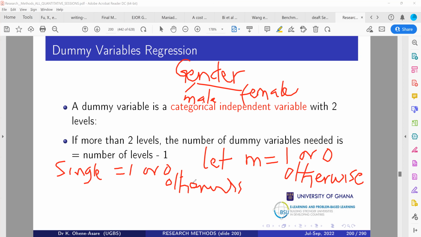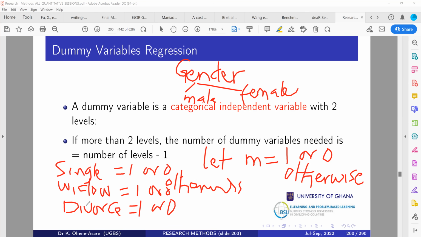And then the next one, let's call it widow. I just don't want to go systematically. Let widow be equal to 1 or 0 otherwise. Then the third one, divorce. Let divorce be equal to 1 or 0 otherwise.